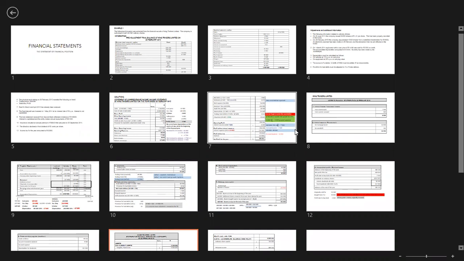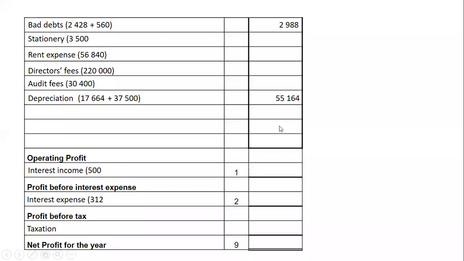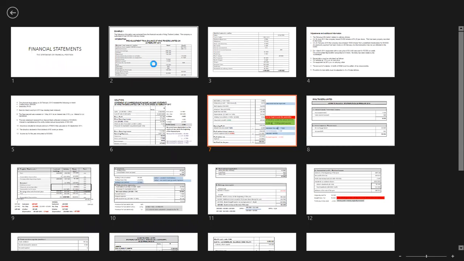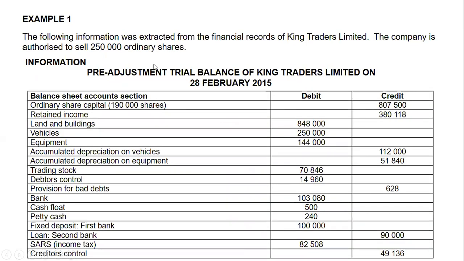Okay, we're going to start with our trading stock. Please note that our trading stock in the trial balance is 70,846.